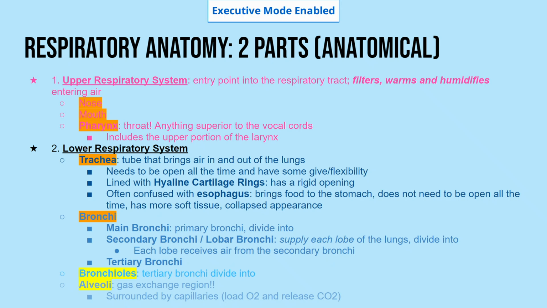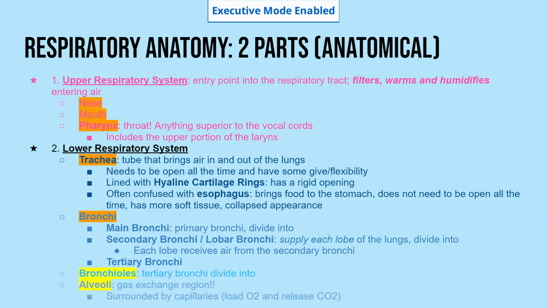On the slide, the orange highlighted ones are the conducting zone, and then the yellow is the respiratory zone, I believe. Starting in the upper, you have your nose, mouth, pharynx. Your pharynx is just your throat, or anything superior to the vocal cords.